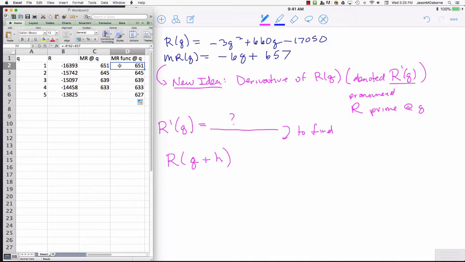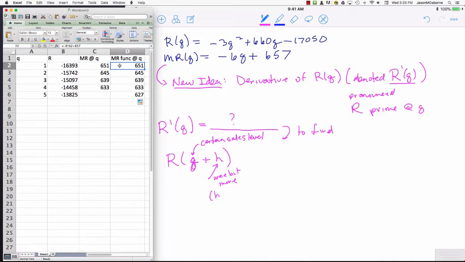What's the revenue if you're at a certain sales level? And then you add on a bit more, a wee bit more. So you imagine that your sales level has jumped just by a little bit.